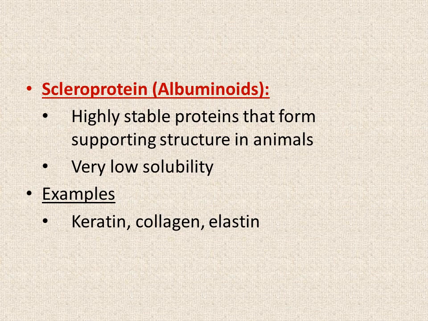On the basis of structure, these proteins can also be classified as fibrous proteins, and on the basis of physical properties they are known as scleroproteins or albuminoids, and these are very stable proteins. That is why they are an important part of connective tissues at different sites of the body.